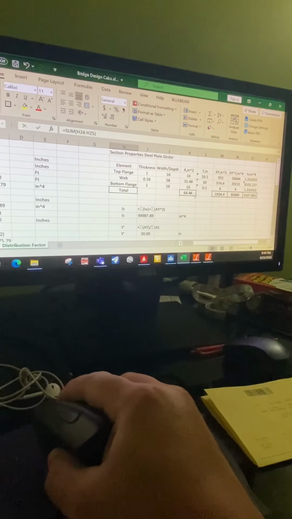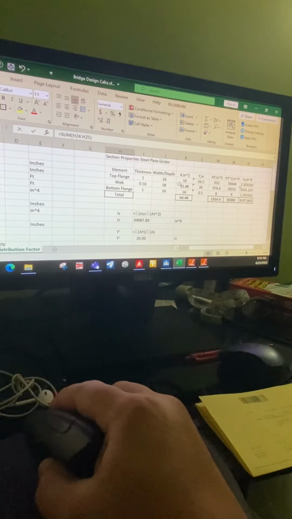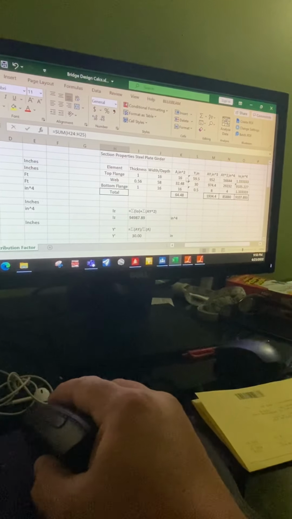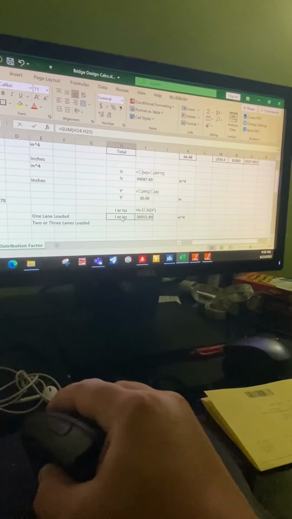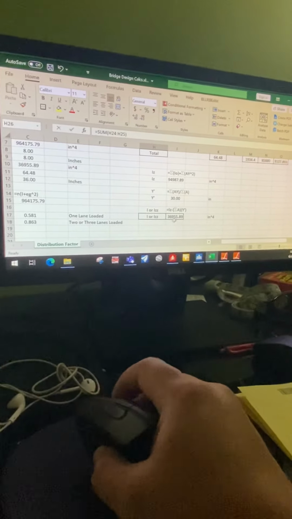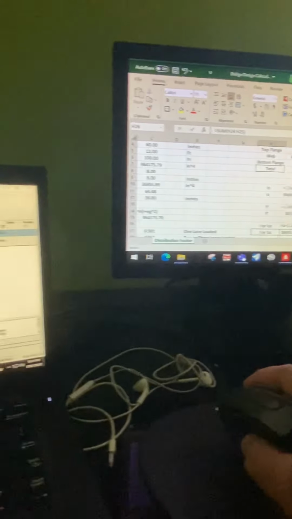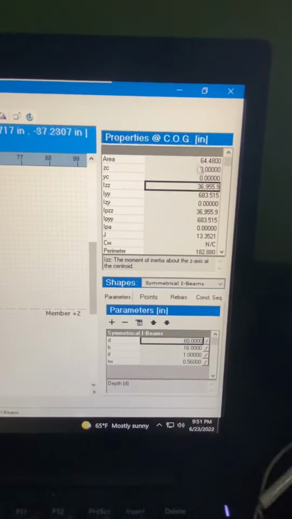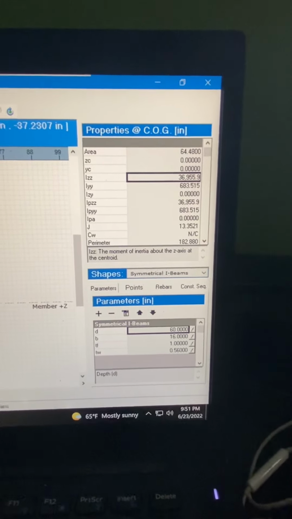We came up with a 64.48 total area for the whole plate, and it did all the calculation to get the inertia at the neutral axis, and it came out to be 36,955.89 inches to the fourth. As a comparison, if we get the right calculations of the properties, it checks out, 36,955 for inertia.